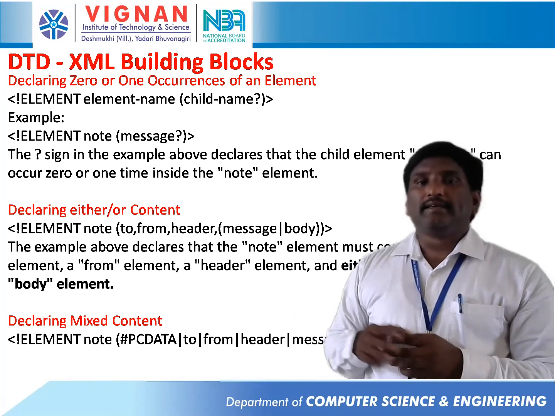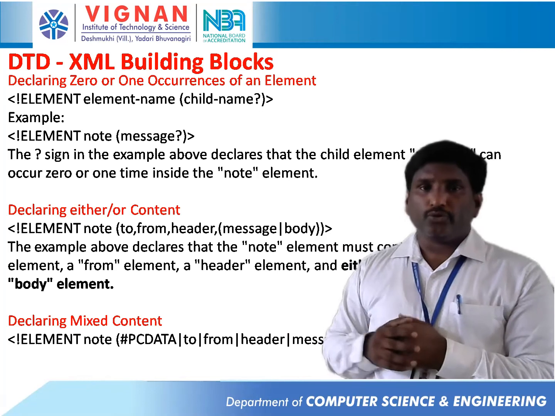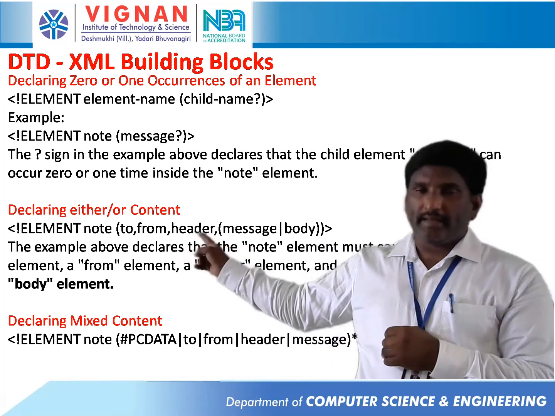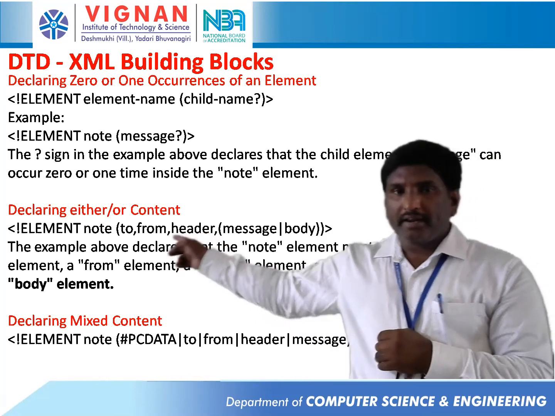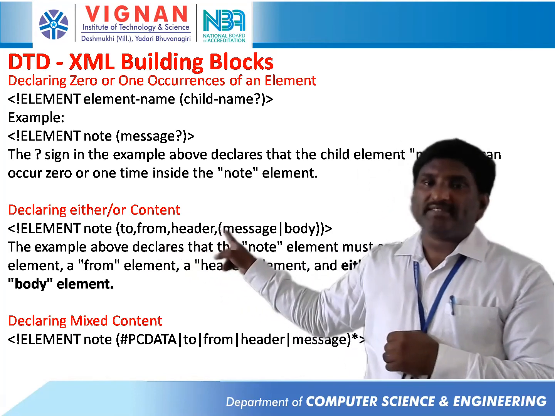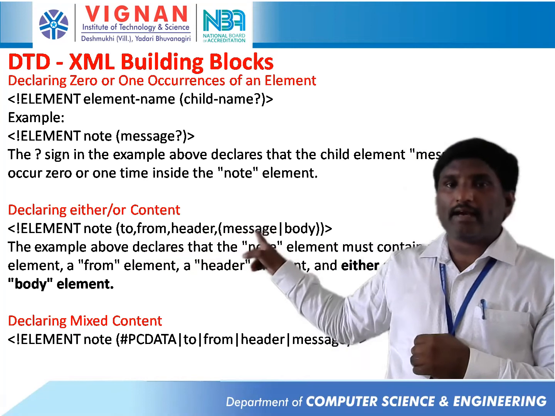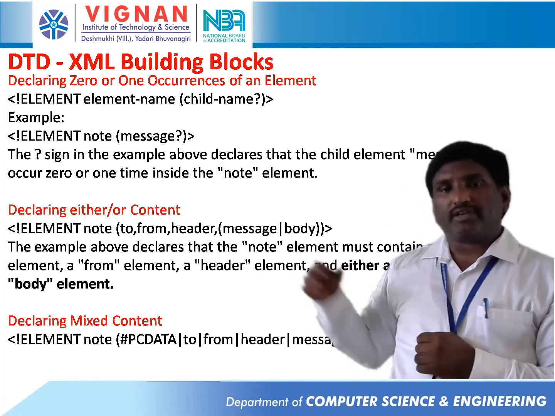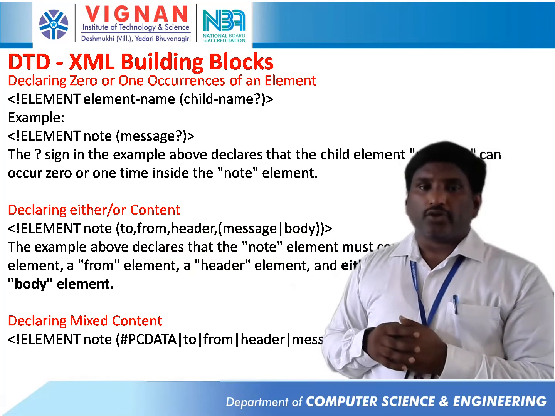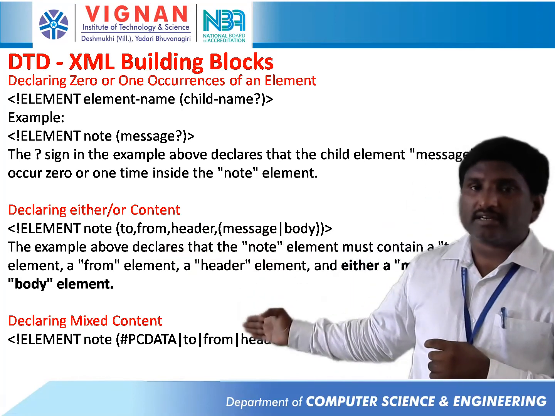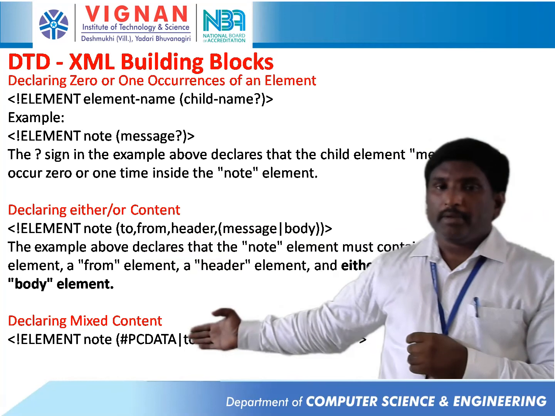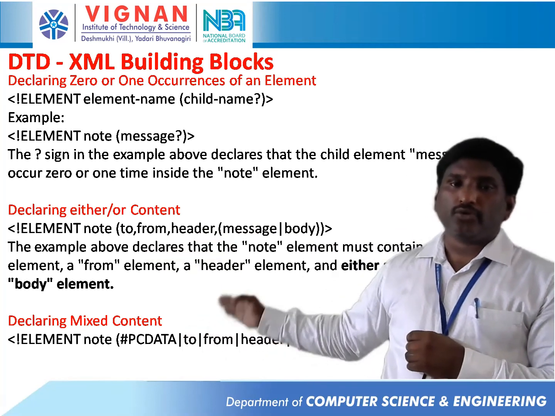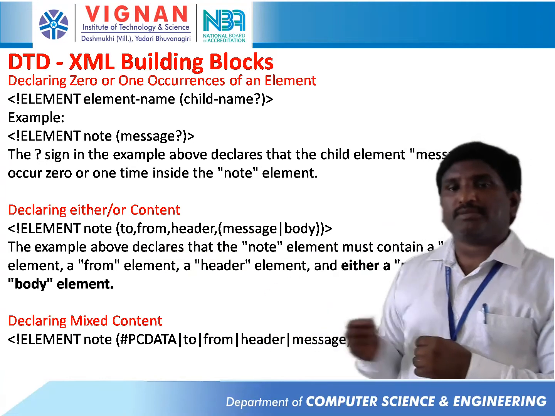And declaring either-or. In this scenario, the to, from, and header are mandatory sub-elements, and then message or body: you can use either one. In those cases also we can use it. Either-or, or else mixed content. An element may have PCDATA or else elements, and by using the pipe we can specify that.